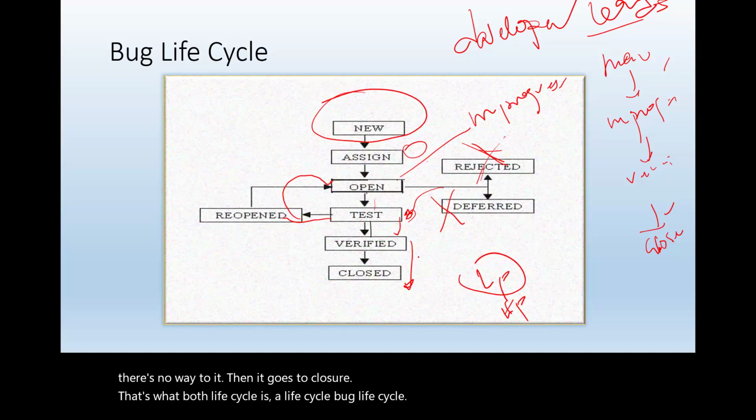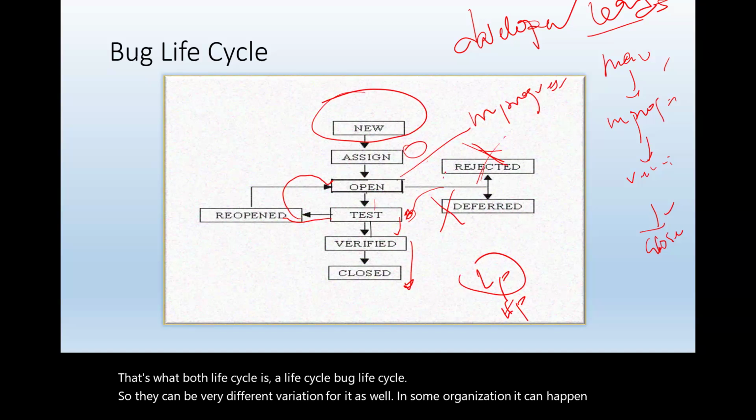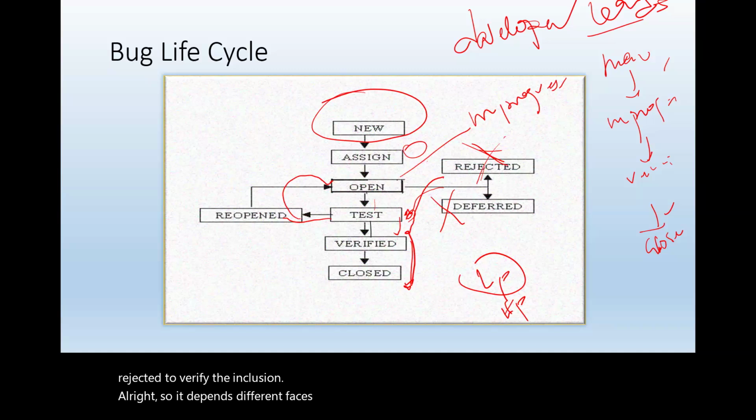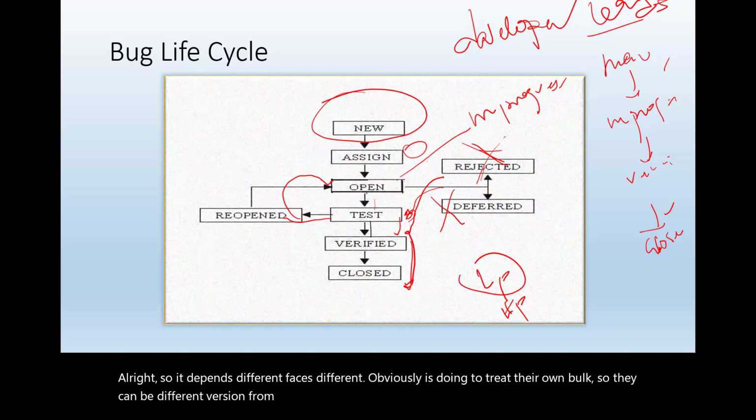There can be very different variations of it as well. In some organizations, it can happen from rejected to verify, then closure. So it depends, different organizations treat their bugs in different phases. In some organizations, from rejected, it comes to testing.